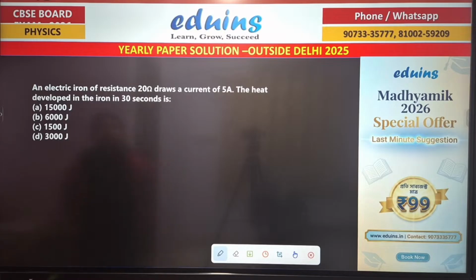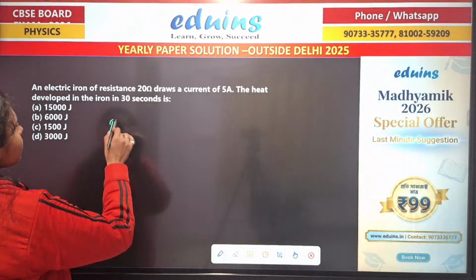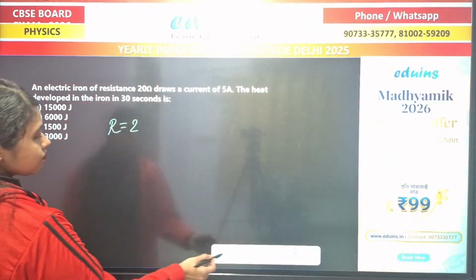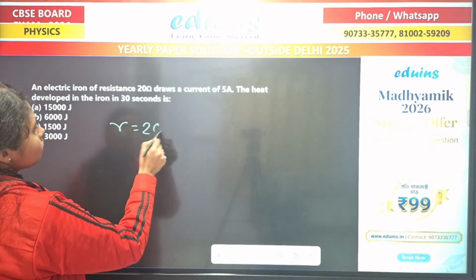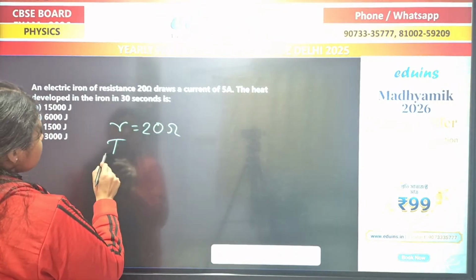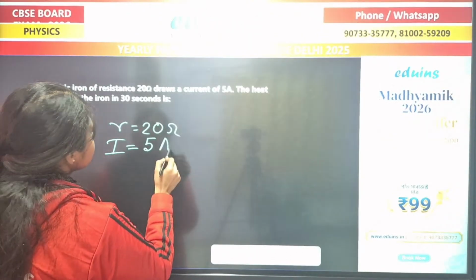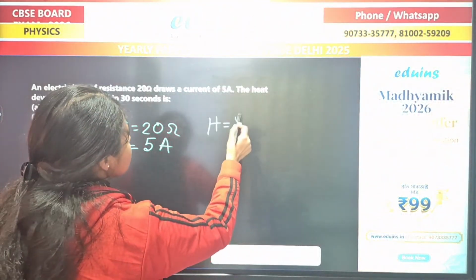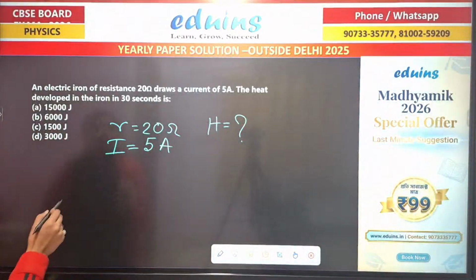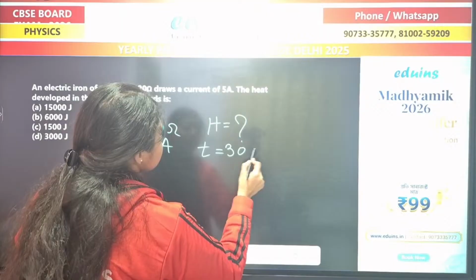So now R is equal to 20, resistance is 20 ohm. The current flowing through the circuit is 5 ampere. We need to know the heat developed in the iron, and the time period is T is equal to 30 seconds.